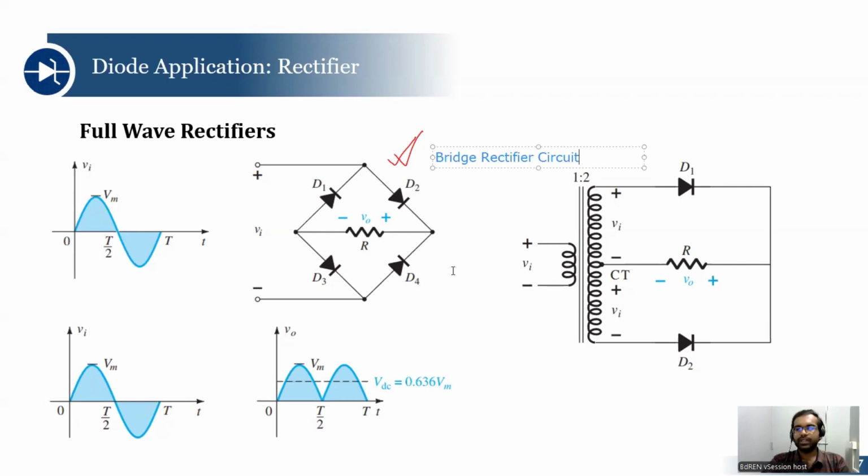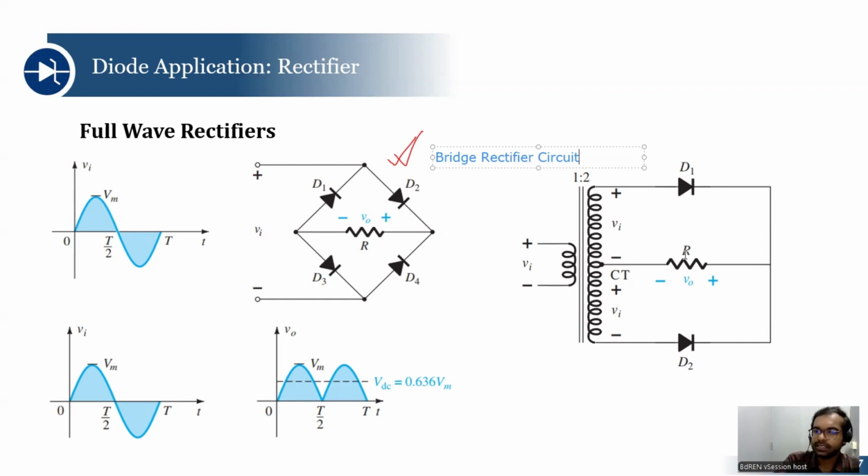Well, it's well evident that the bridge rectifier circuit has 4 diodes, and this type of circuit has only 2 diodes in it. We, the electrical engineers, always look for an efficient method and efficient setup where we can reduce cost. So here we require 4 diodes, and here we require only 2 diodes.